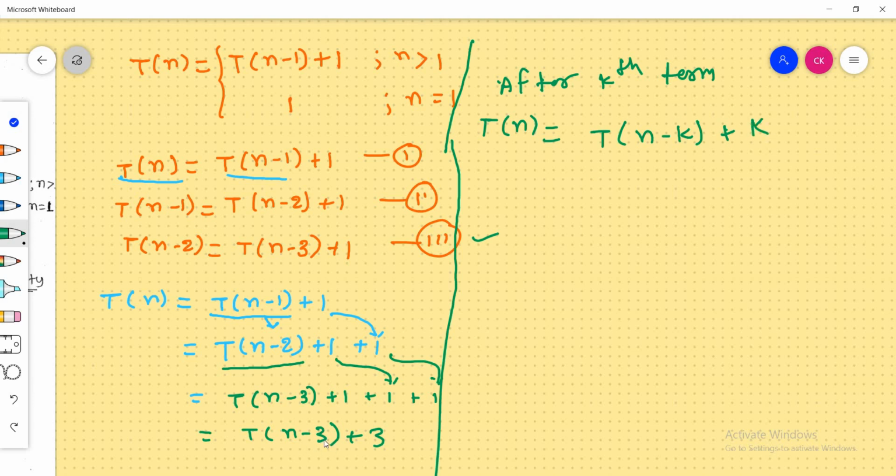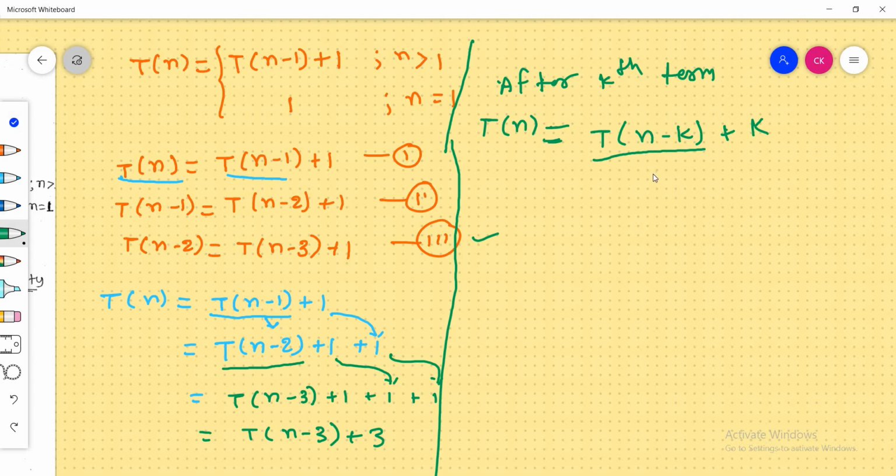Because if this is T of n minus 3 plus 3, then if this is T of n minus k, there is a pattern: n minus 1 gives plus 1, n minus 2 gives plus 2, so n minus k gives plus k. Till this point I hope the concept is clear. Now you have to completely eliminate this T term. So how to eliminate this T term?